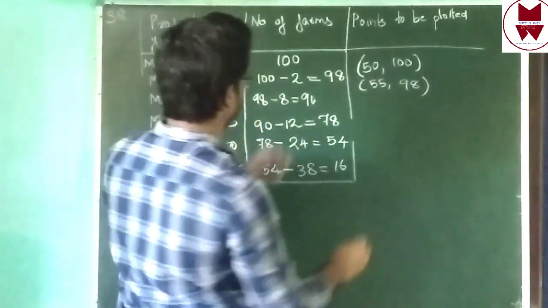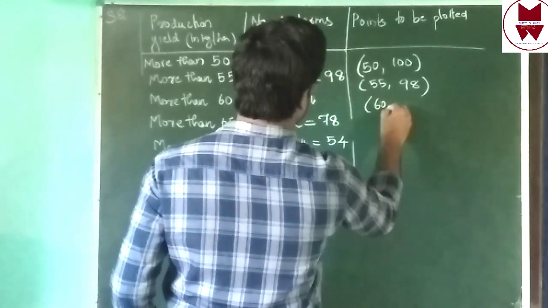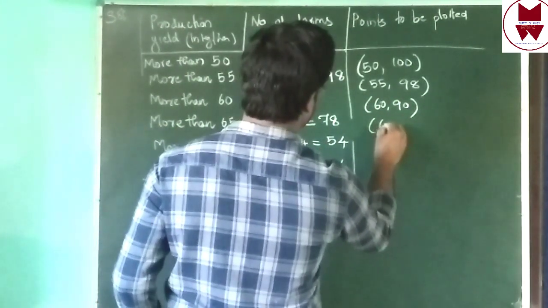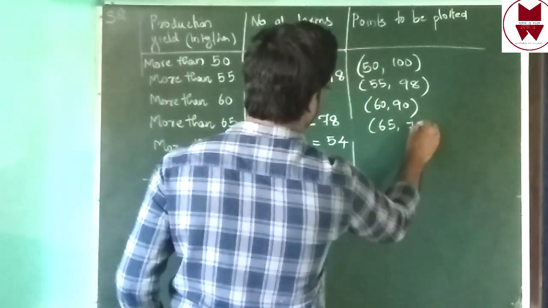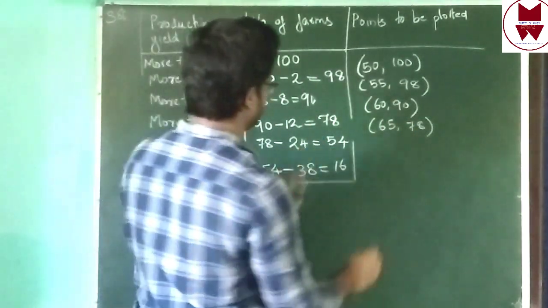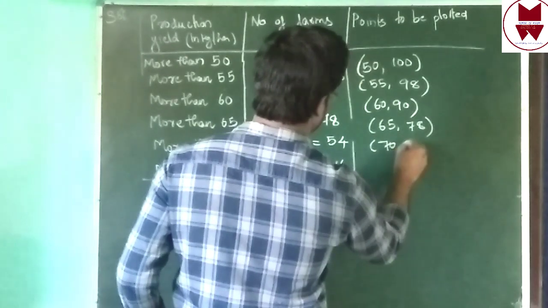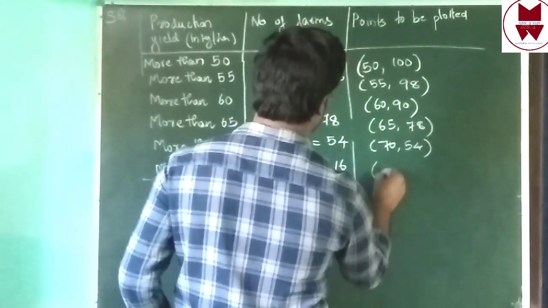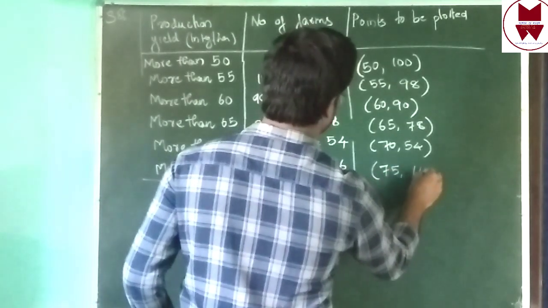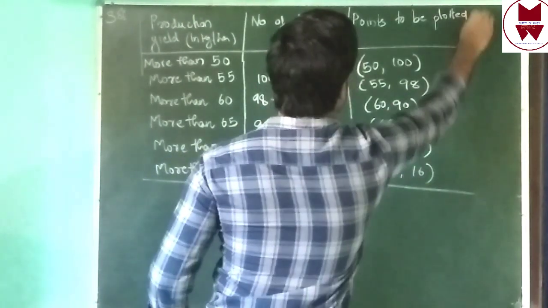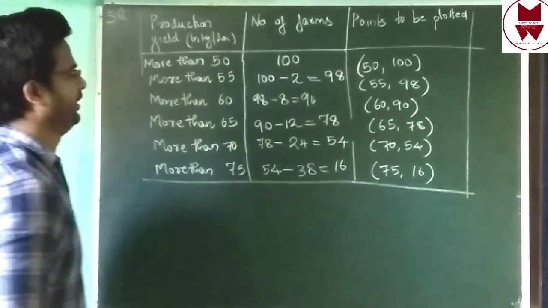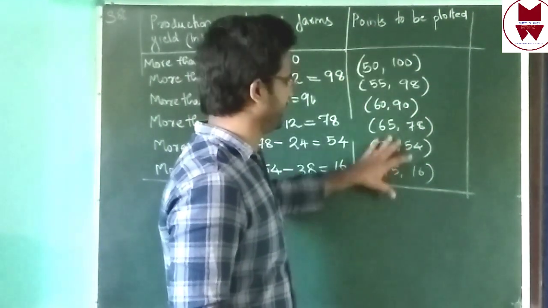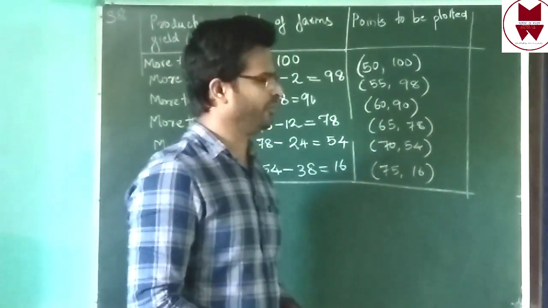Then 60, 90. 65, 78. Then 70, 54. Then 75, 16. This is our table. Using these points, we can draw the more than ogive.